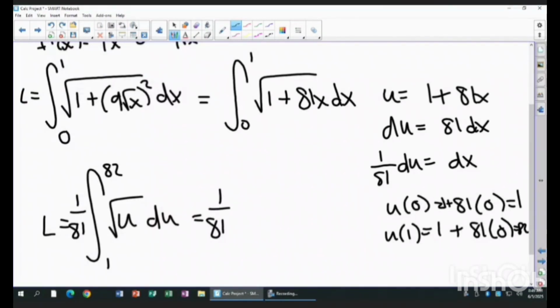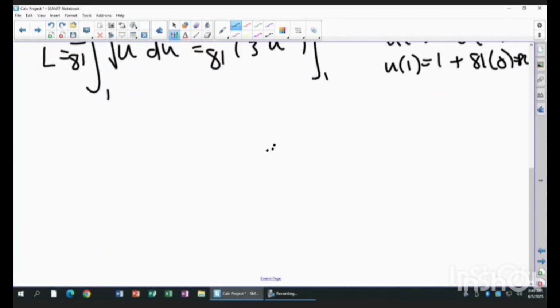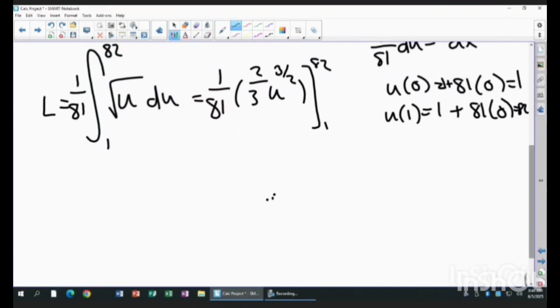That is 1 over 81 times 2/3 u to the 3/2, the antiderivative of root u, from 1 to 82. And then solve and simplify these. You multiply these, so you can just figure out the u a little easier.